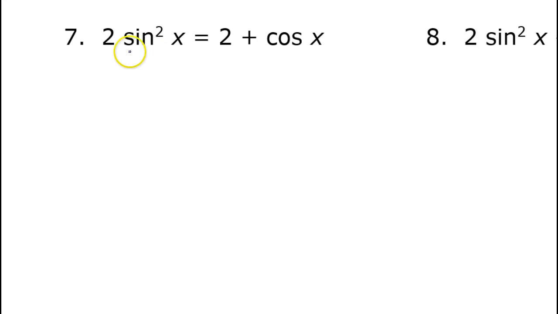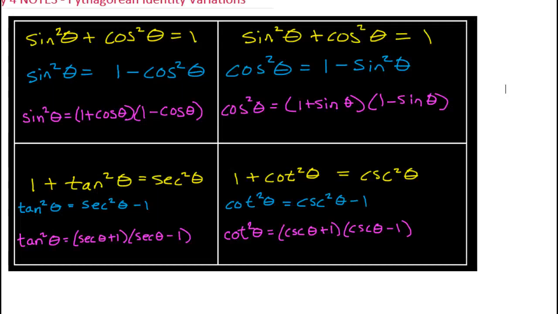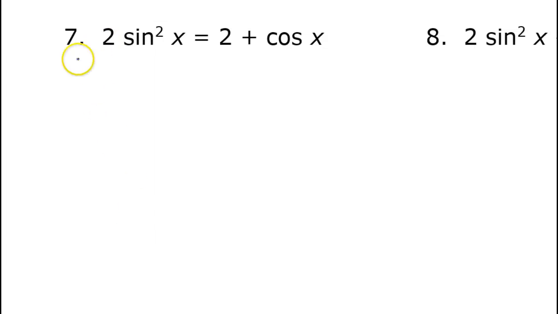I am not happy with the fact that I have two different kinds of trig functions, sine and cosine. So I am going to use my trig identities. I know that sine squared is 1 minus cosine squared. So I'm about to make that substitution. So I will have 2 times 1 minus cosine squared x, because of the 2, equals 2 plus cosine x.